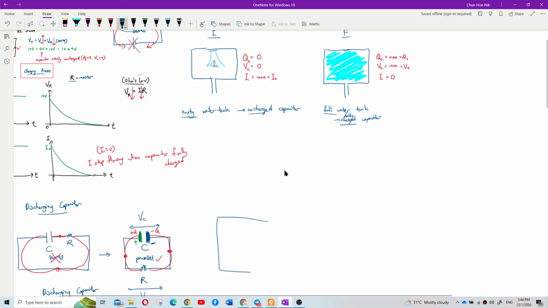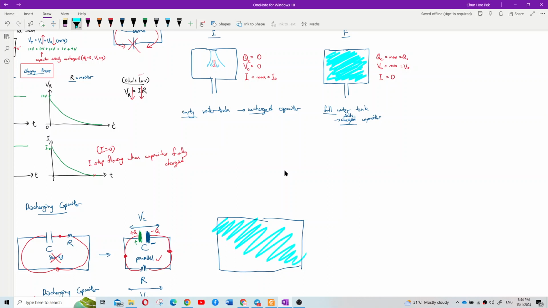Okay, talking about tangki air yang penuh. Tangki air yang penuh kan? Capacitor yang fully charged. Okay, anggap ini sebagai initial. Lepas tu kita flush, sebab kita sudah habis bisnes kita.